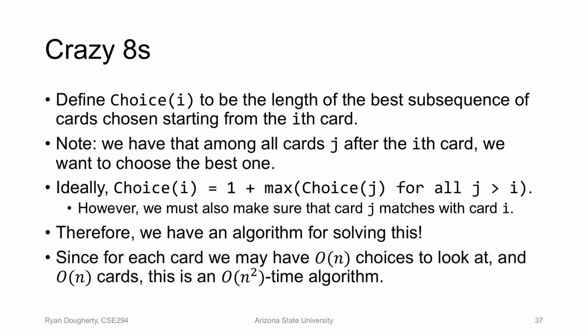It's pretty simple, right? It's just saving previous computation, because I'm assigning to choice i what the best longest subsequence is. I can actually store the actual subsequence if I want to, but I'm just keeping it easy. The main point is that I'm saving the previous computation and then reusing it later.